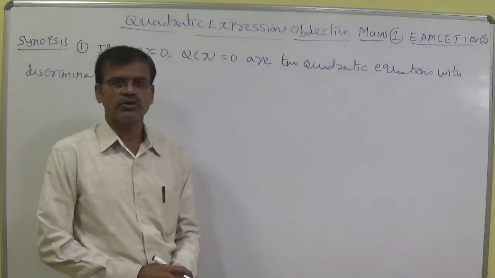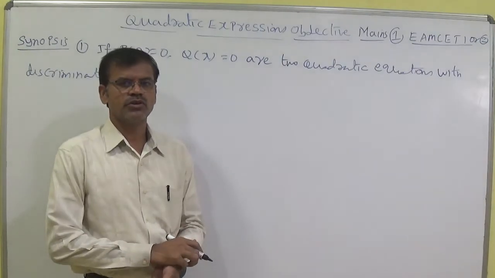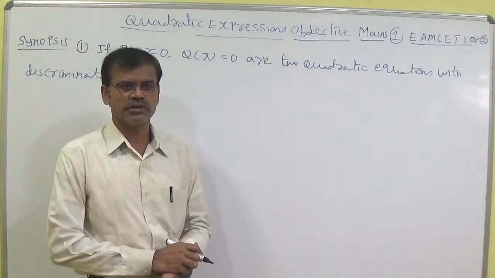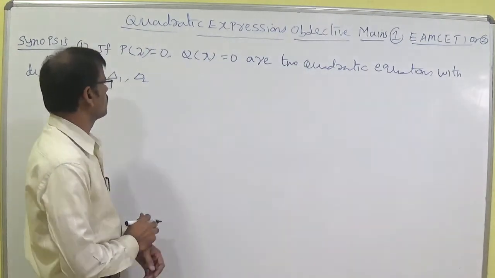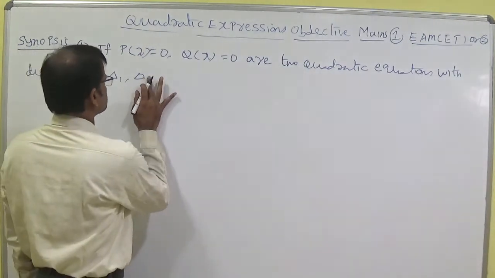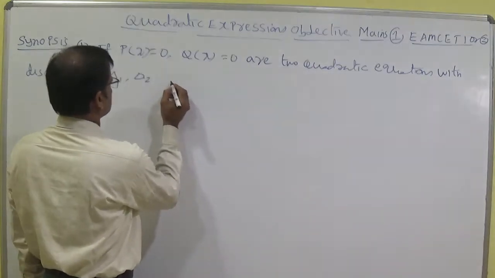Discriminant is denoted with the letter D or delta. We know that delta is equal to b square minus 4ac. Here delta 1 is the discriminant of the first quadratic equation and delta 2 is the discriminant of the second quadratic equation.